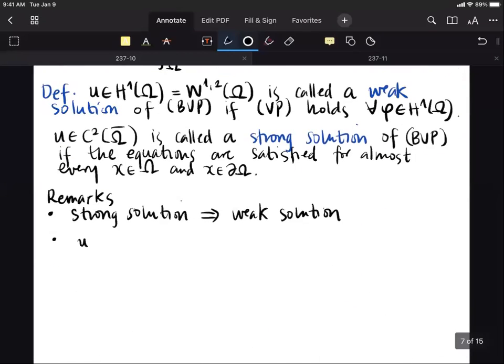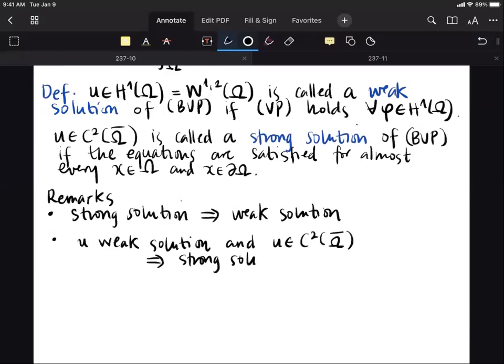However, if u is a weak solution and it is smooth, in other words, it's C2 up to the boundary, then it is also a strong solution.